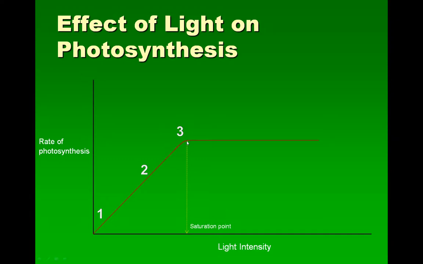So we've got limiting factors of carbon dioxide, of temperature, and availability of chlorophyll molecules, resulting in what we call the saturation point. Now the saturation point is, like we said, a situation where all of the other things are constant, and so an increase in the light intensity will have no effect, and that's why we get this flat line, which results in no increase in photosynthesis, even though we increase the light intensity.